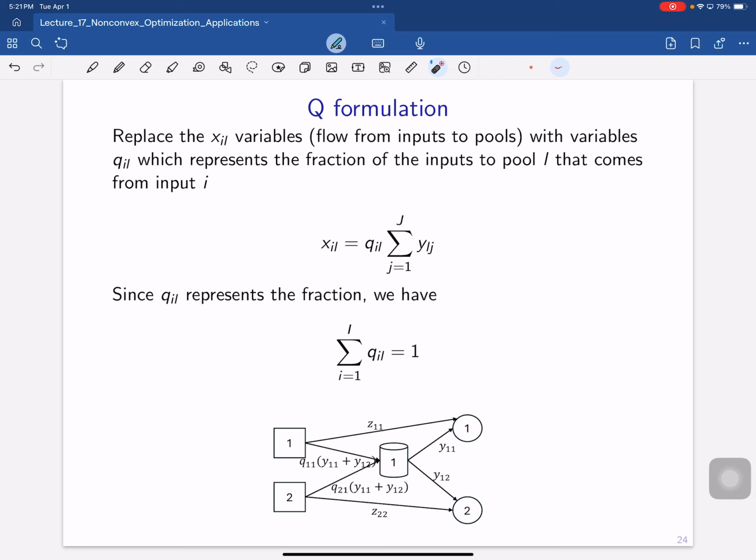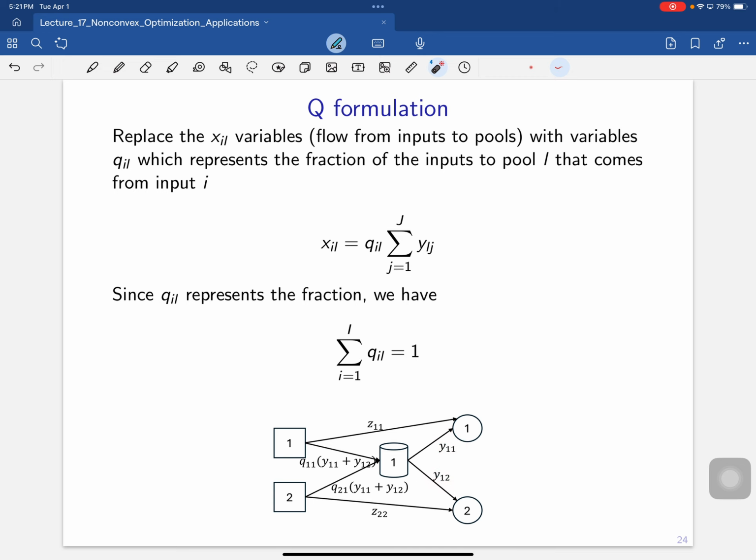Okay, so here I have a given pool 1, right? Instead of directly representing those flows as x_il, I will replace them by saying, what is the percentage of flows coming from blending tank 1 and 2, right? So that's the same thing, right? Because the total flow into blending tank 1 is the sum of y_11 and y_12, right?